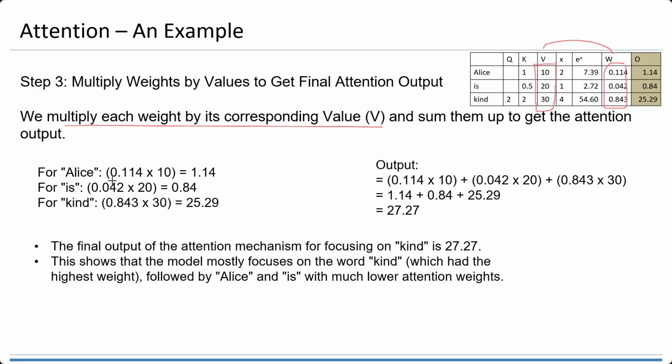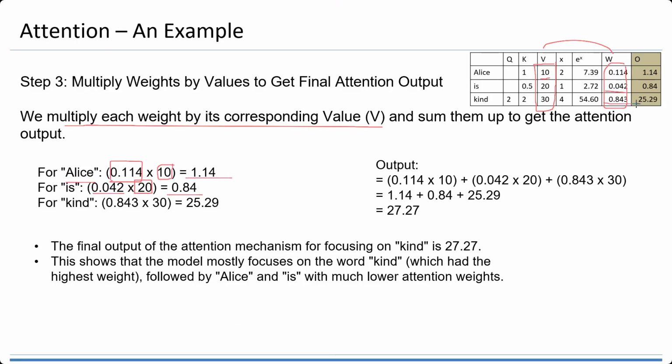So for the word Alice, the weight is 0.114. We multiply it with the value, which is 10, and we get this output. The second one has this weight, multiplied with the value 20, and we get this one.